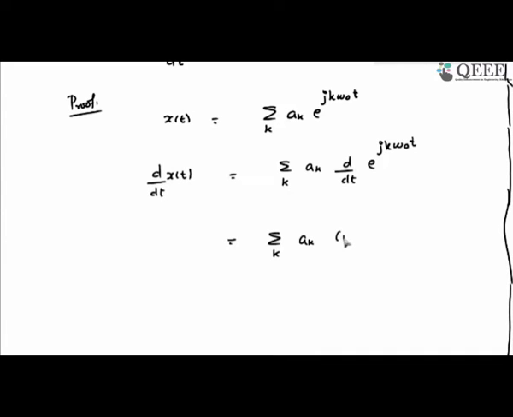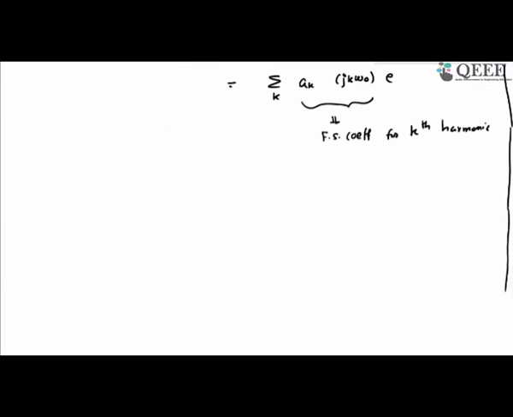If I differentiate that, I will get jk omega naught times e power jk omega naught t. So this is the Fourier coefficient for the kth harmonic. ak times jk omega naught is the thing which multiplies the kth harmonic e power jk omega naught t. So the Fourier coefficient is ak times jk omega naught. That is what we had initially.